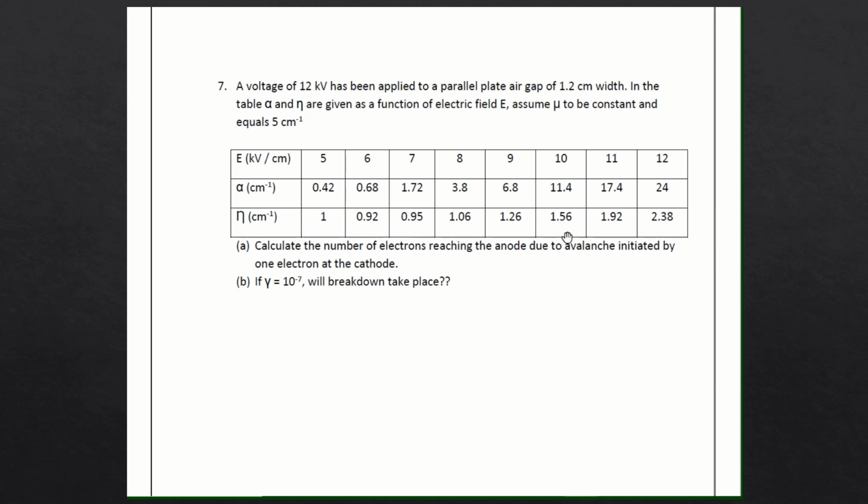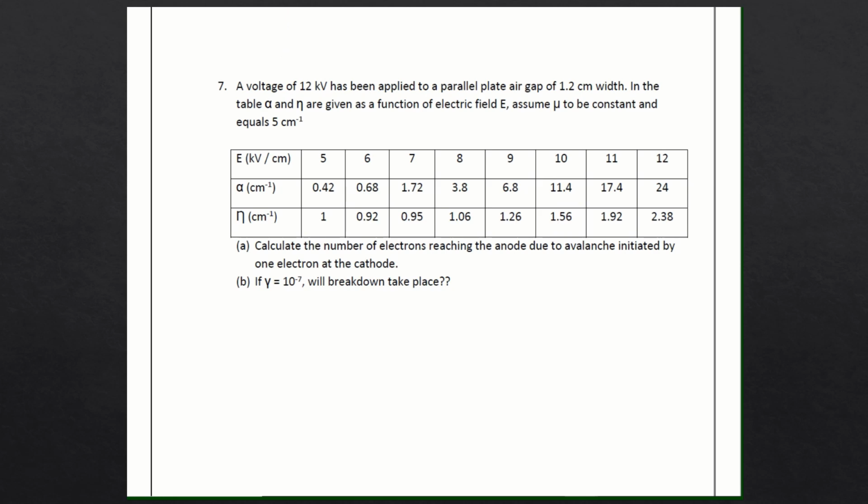If the electric field is 9, then the ionization will be 6.8, and the attachment coefficient will be 1.26. Since the electric field is equal to 10, the ionization is 11.4 and the attachment coefficient is 1.56.